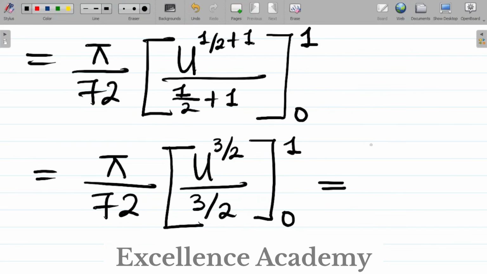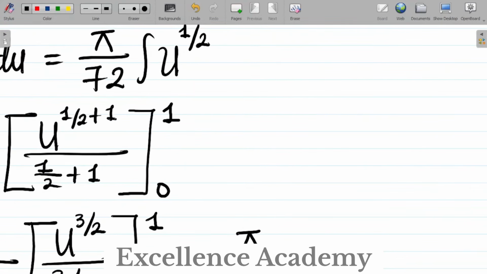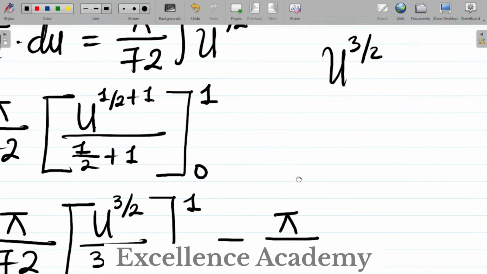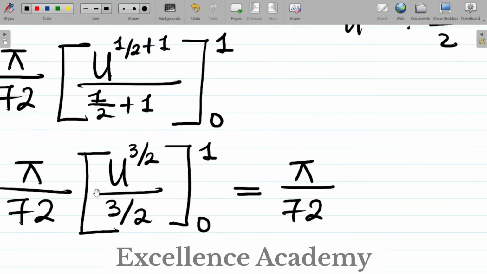now if you want to simplify this, let's simplify this. What I have here is simply pi all over 72 into u to the power 3 over 2, divided by 3 over 2, as you can see here.